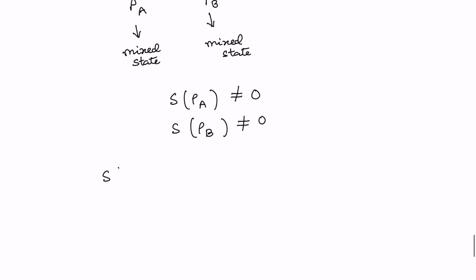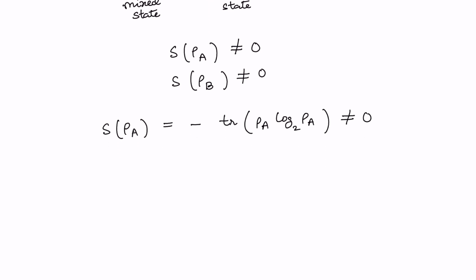We have to calculate the entropy of entanglement for system A and system B. For example, for system A, S of rho A is going to be minus trace of rho A log of rho A with base 2, and you are going to find that this is not equal to 0, provided system A is entangled with system B. Similarly for system B, you will have to calculate minus trace of rho B log base 2 of rho B. You are going to find that this is not 0.